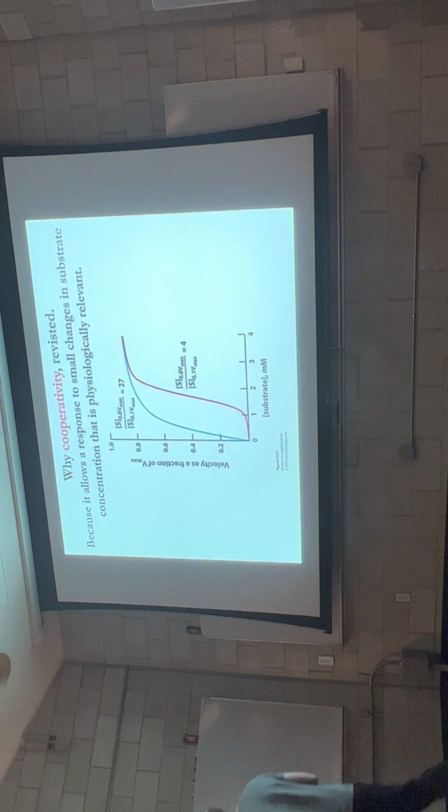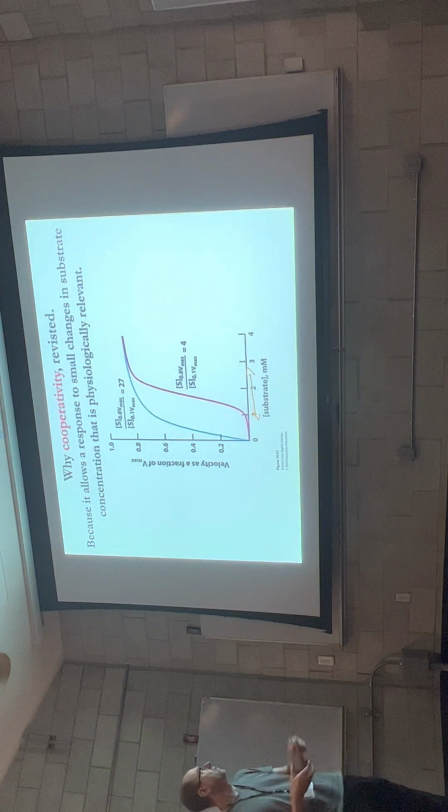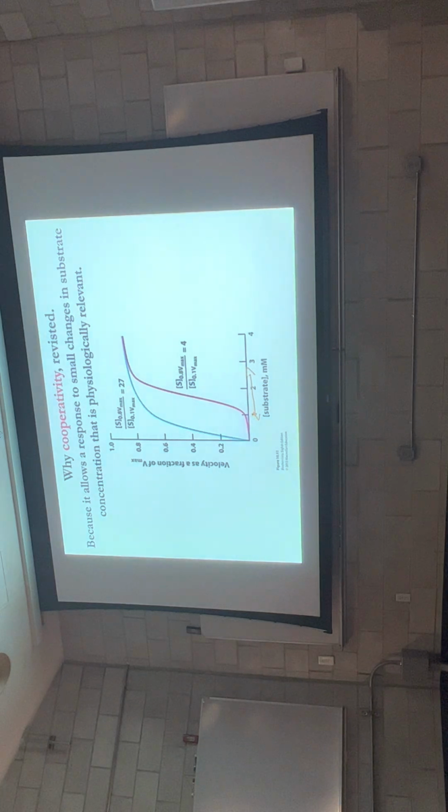In the cell, they might vary by this much. Right, so in this scenario, if the substrate concentration plummets to 1 millimolar, it's down here, the cooperative enzyme is off.